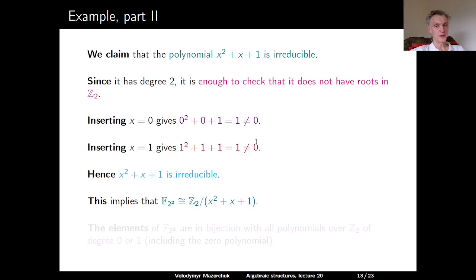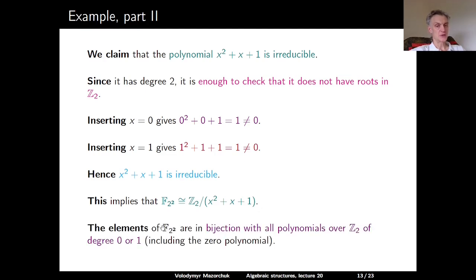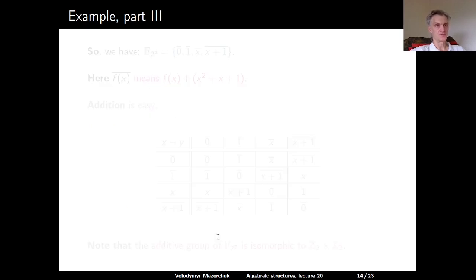And so our field with 4 elements, F sub 2 to the power 2, is isomorphic to the quotient of the polynomial algebra over Z2, this should be Z2 of x, modulo the ideal generated by the polynomial x squared plus x plus 1. So the elements of our field with 4 elements are in bijection with all polynomials over Z2 of degree 0 or 1, including the 0 polynomial.